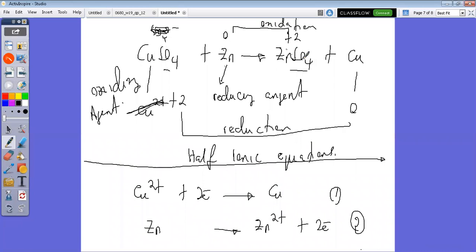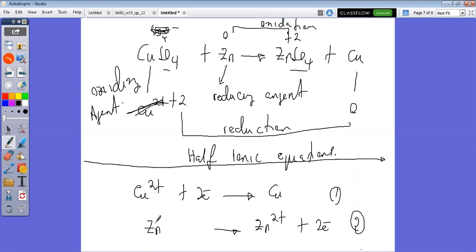Remember, according to your definition, oxidation is gain in oxidation state, reduction is loss. So it's reduced, gaining 2 electrons to form that.